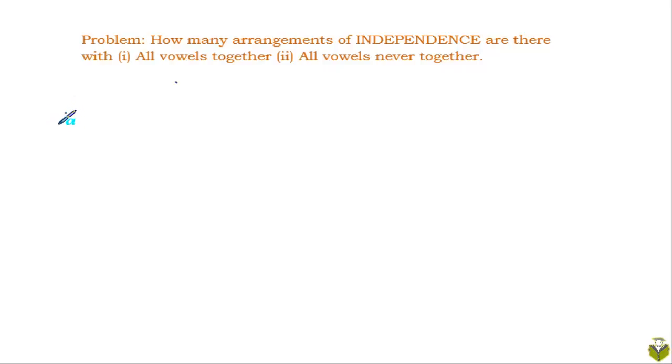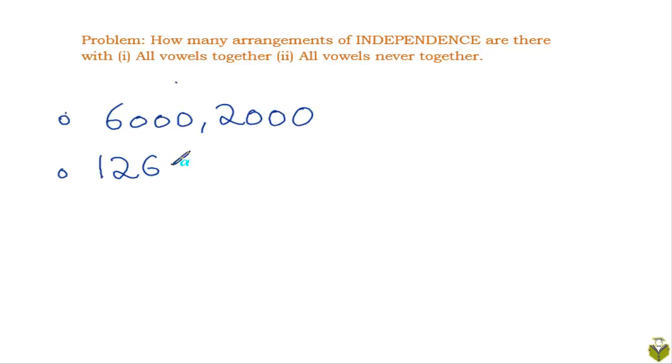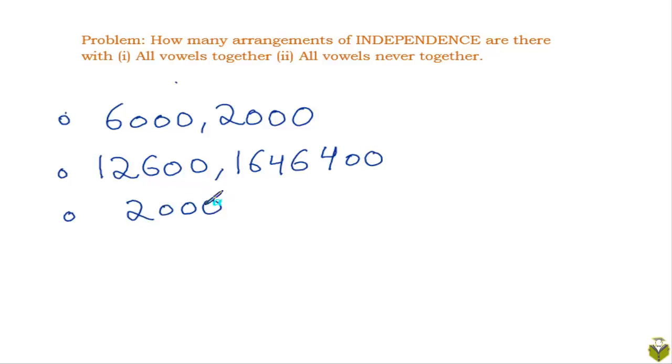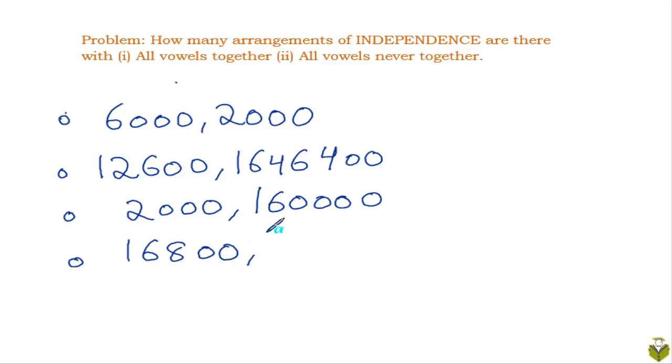So the choices are 6,000, 2,000, 12,600, and 164,6400, 2,000, and 160,000, and the fourth one is 16800 and 164,6400.